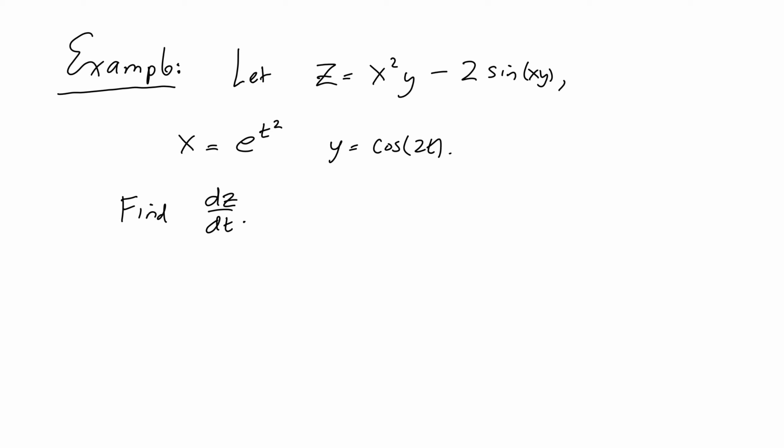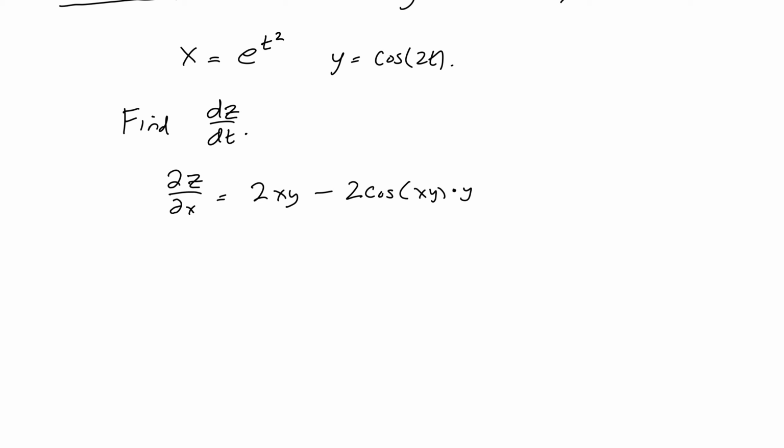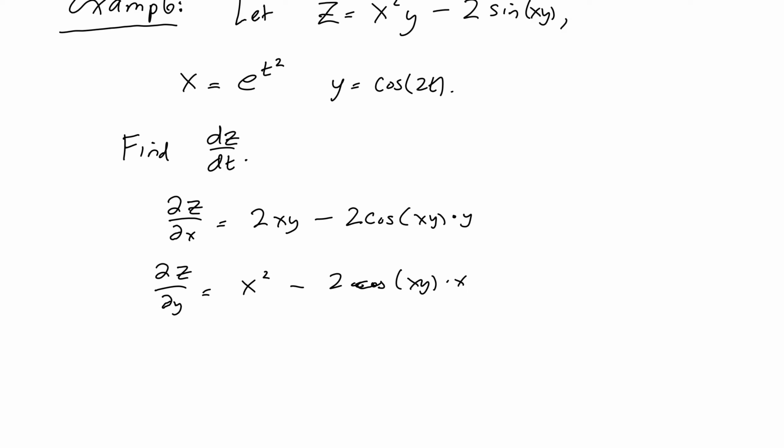So we need to take a bunch of derivatives here. So we need ∂z/∂x. This is going to give me 2xy minus 2 cosine of xy, and then the derivative inside, which is y. ∂z/∂y: now I'm going to get x squared minus 2 cosine of xy times x.